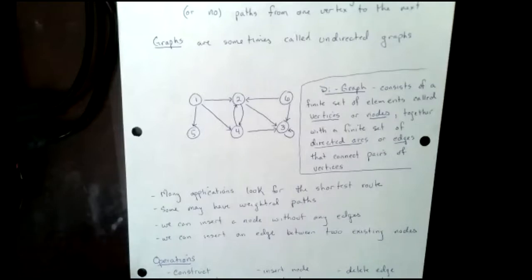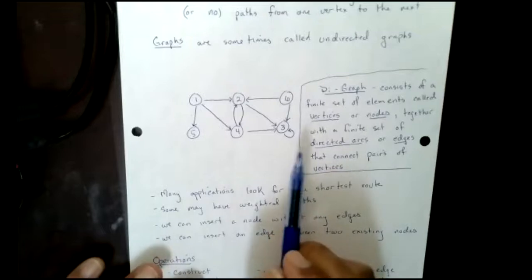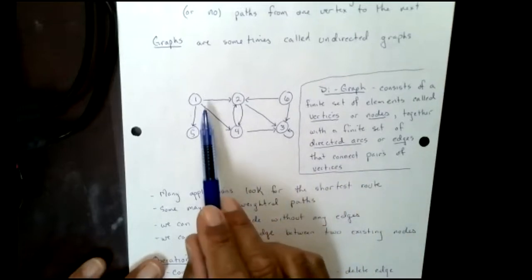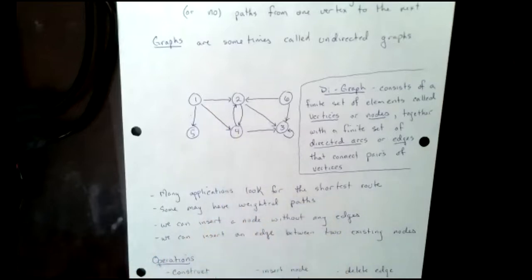Yeah. How many edges could come in to 4? Well, I see one coming from 1, so that's at least 1. How many possible edges could come into 4? 5. I hear 5. Trick question.